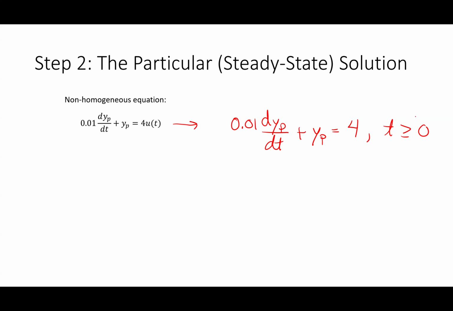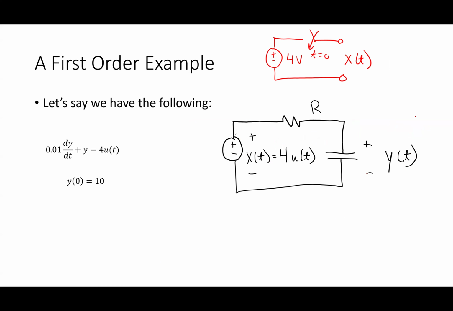Okay. All right. What do I guess now? This is just like what we considered a couple of slides back. I have a constant as my input. So if I had an RC circuit, so let's just think of it like this. For those of you that have seen this, if I had a 4-volt source like this, what would be the final value of the voltage on that capacitor?